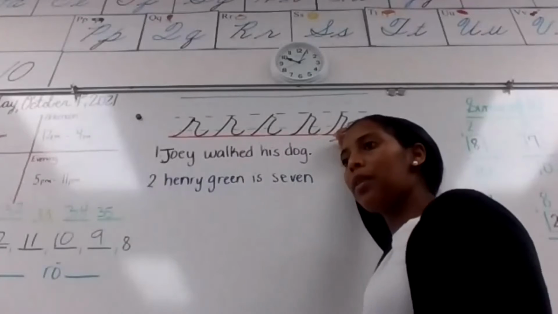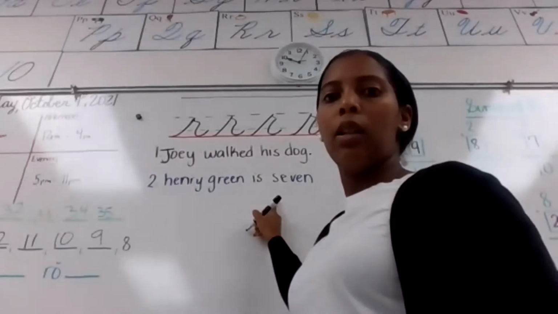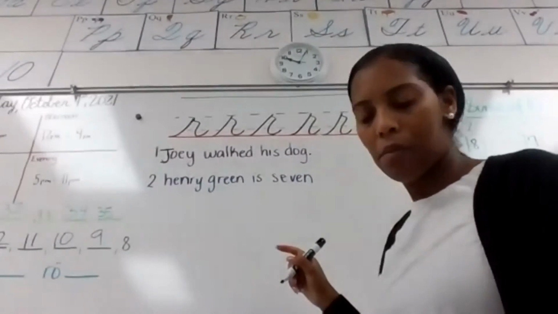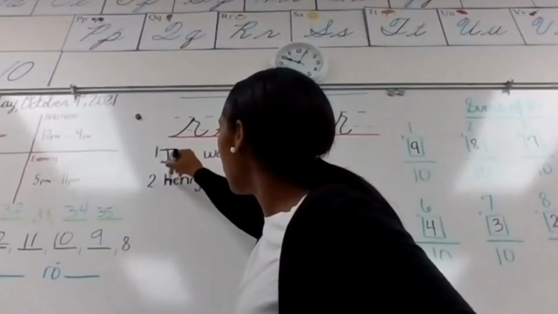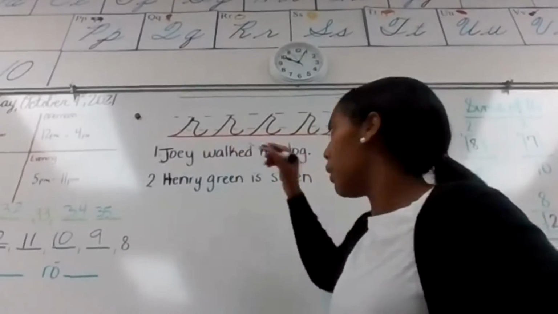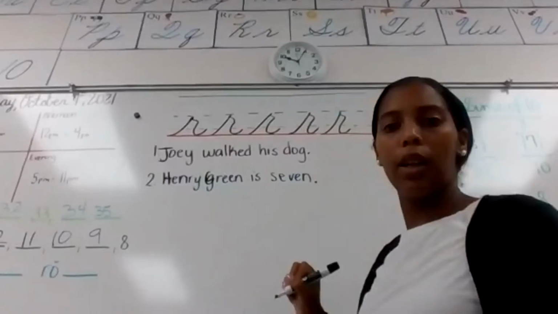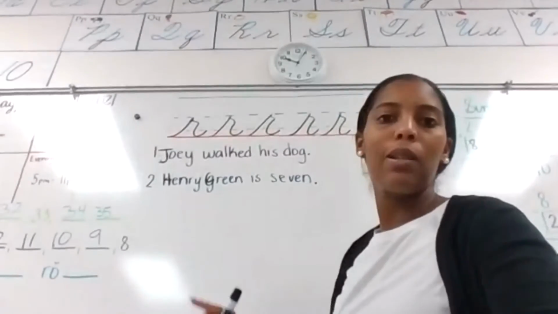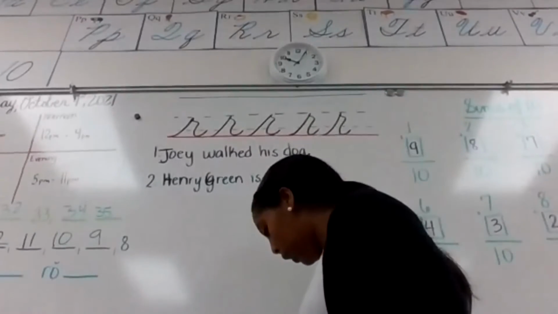Number two, Henry Green is 7. Anyone like to walk us through this one? Go ahead, Faith. Capitalize the H in Henry and the G in Green. Good. And how do I finish it? Period. Awesome. Did everyone do all of that? Yes, ma'am. So that means if this was a test you would have made an A. Awesome. Good job.